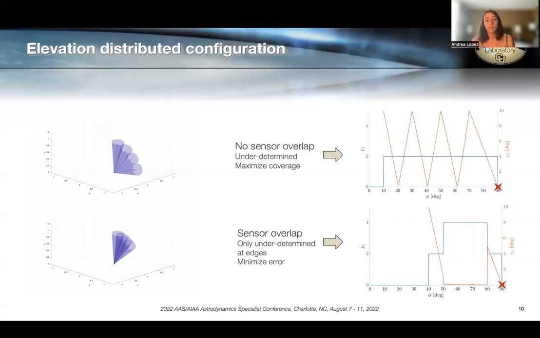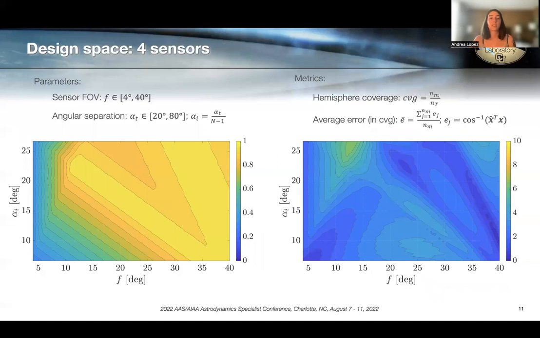So there's clearly a trade-off between maximizing the coverage and minimizing the error. And there are parameters that we can play with to see how they affect these 2 metrics. And that's basically what we are doing in the following slide in here.